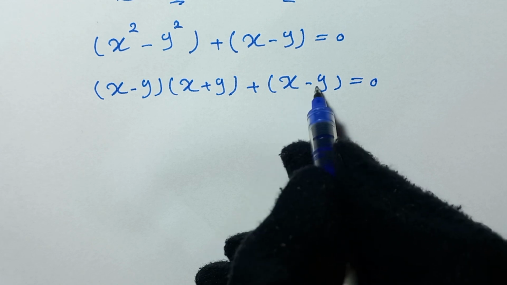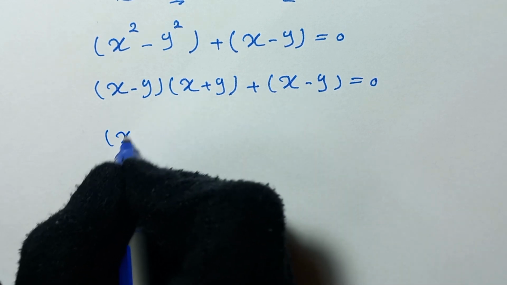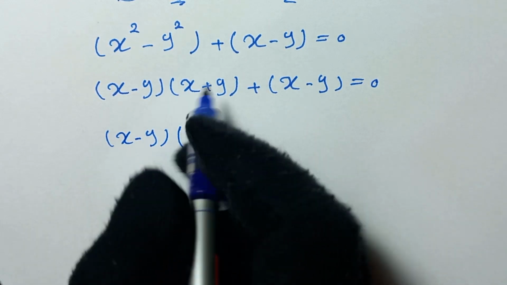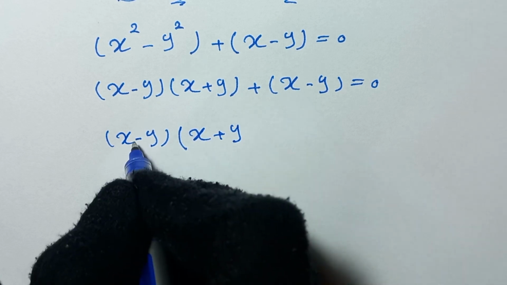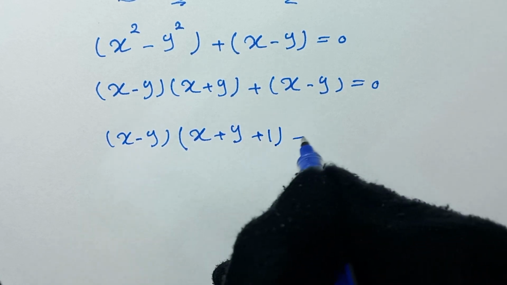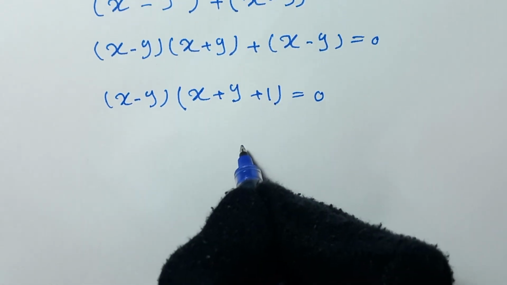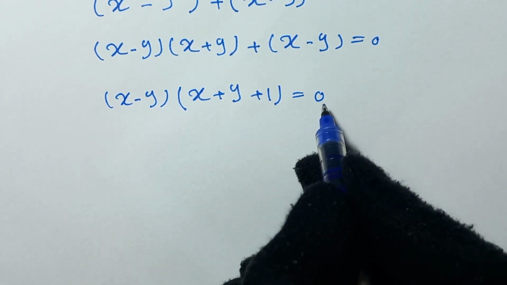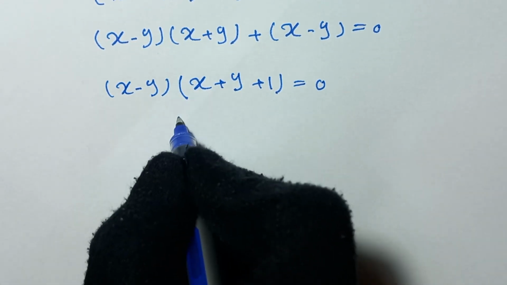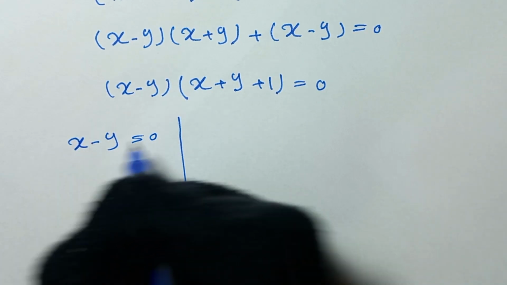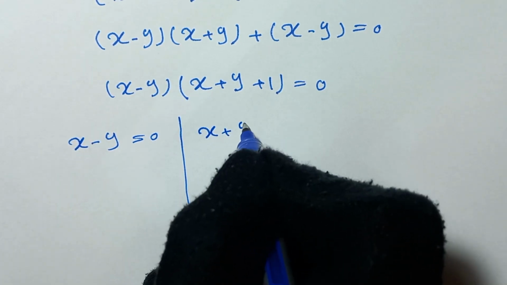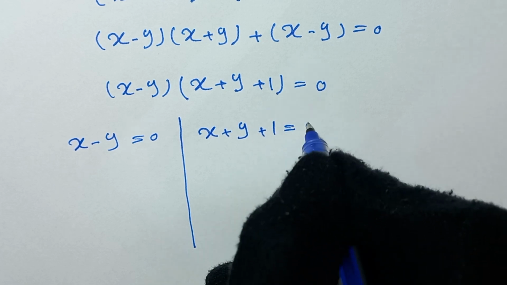Here, x minus y is common, so we factor out x minus y, and it will be x plus y, and the other part divided by x minus y is 1, equals 0. So this times this will be 0, and we have two solutions: x minus y equals 0, or x plus y plus 1 equals 0.